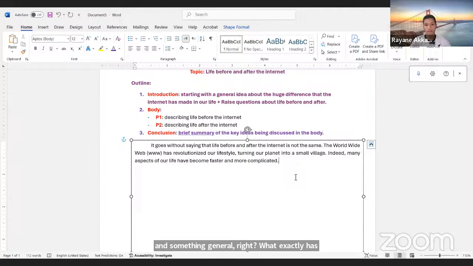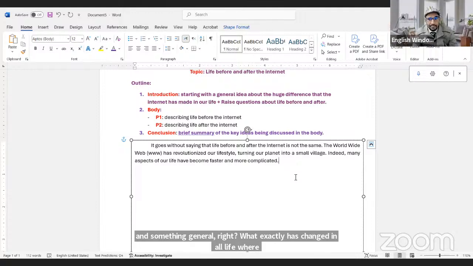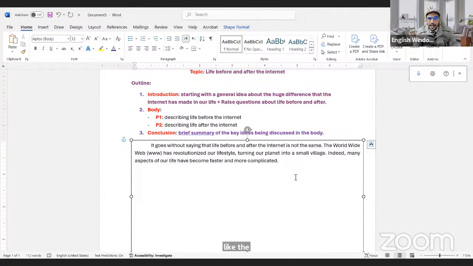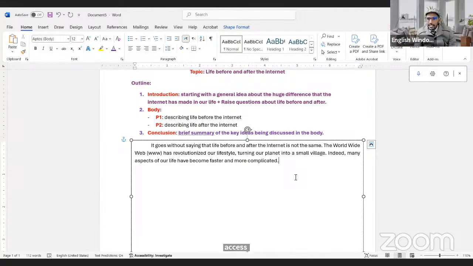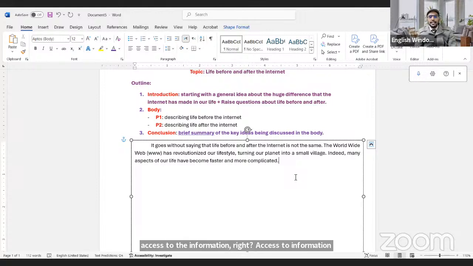Like the need to access and categorize the information. What is it? The access to the information. Access to information, very good. Indeed, many aspects of our daily life have become faster and more complicated.